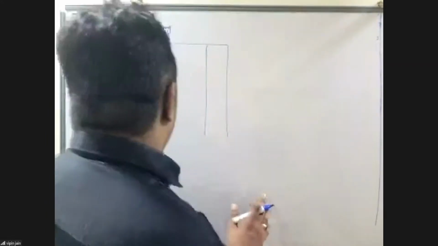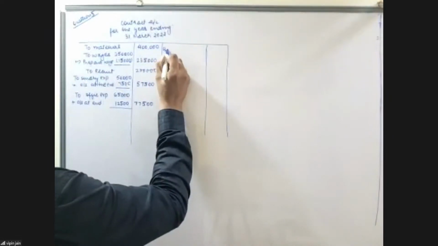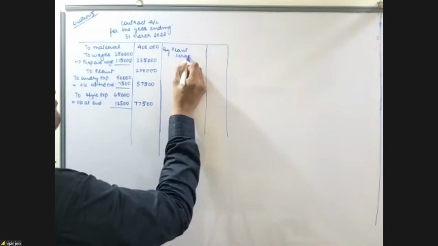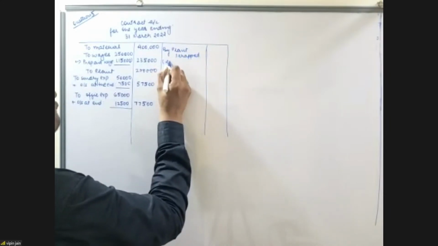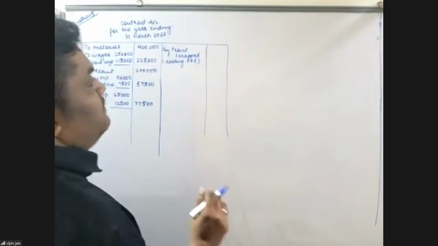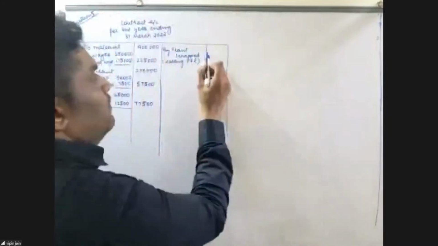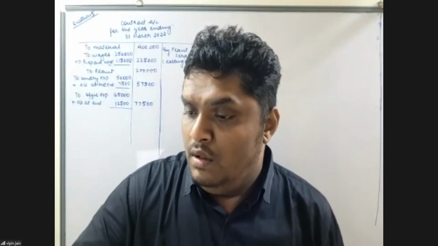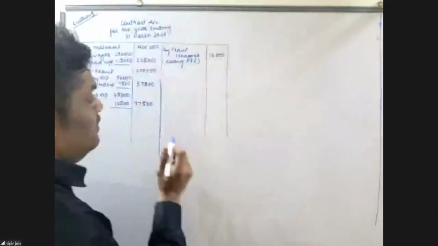Now, a part of plant costing rupees 12,000 was scrapped and written off in financial year 21-22. So, by plant, it will be transferred to costing P&L, that is 12,000. The plant at site is 18,000.